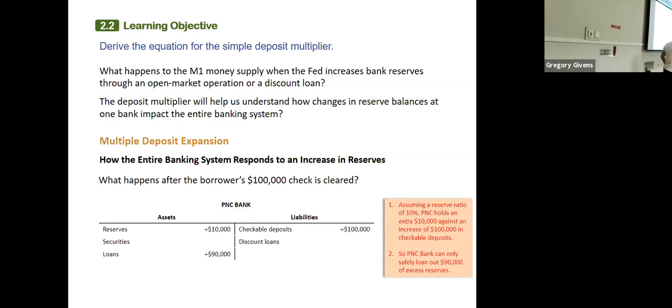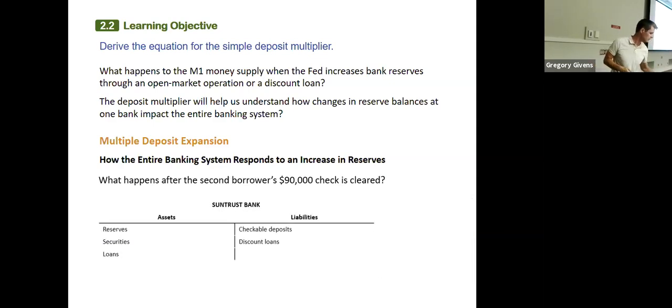Checkable deposits will decline by $90,000, and PNC will pay for them by drawing down their reserve balances by $90,000. Okay? In other words, the Fed is debiting the reserve account of PNC, but they're simultaneously crediting the reserve account of your bank. You are the second seller in this twisted train of logic here.